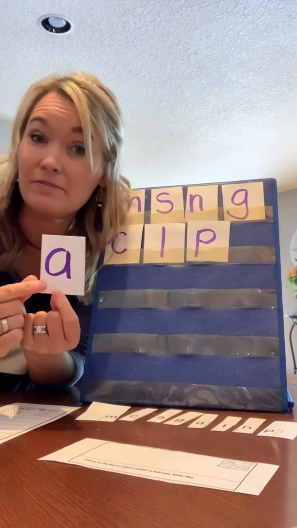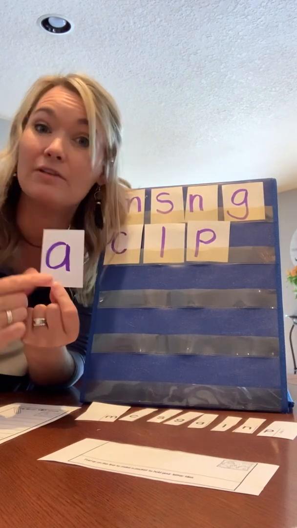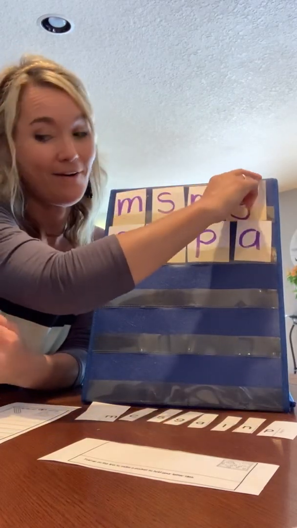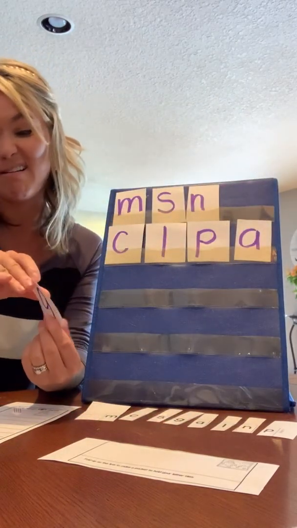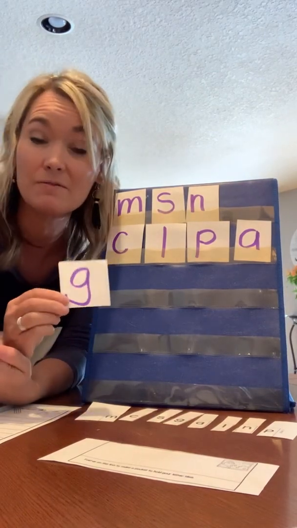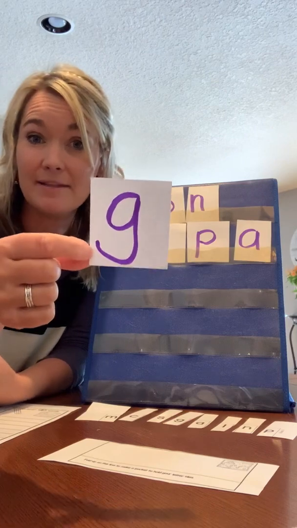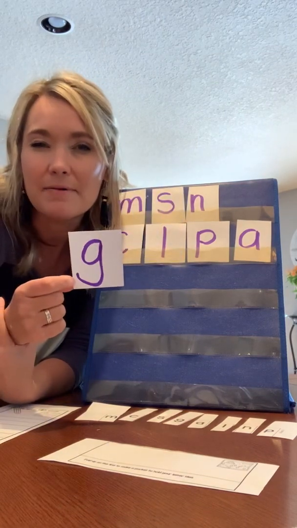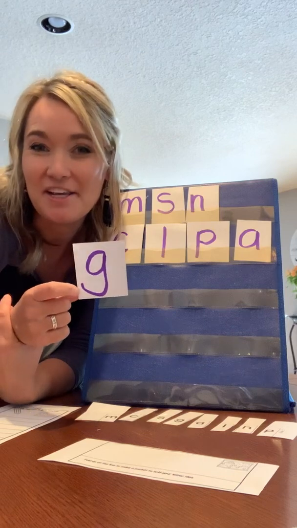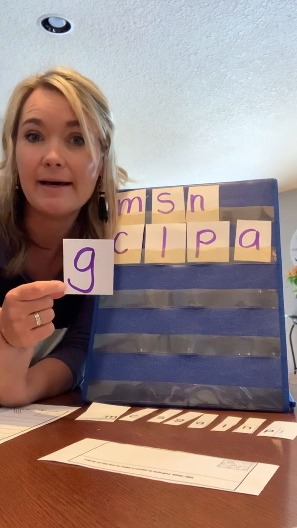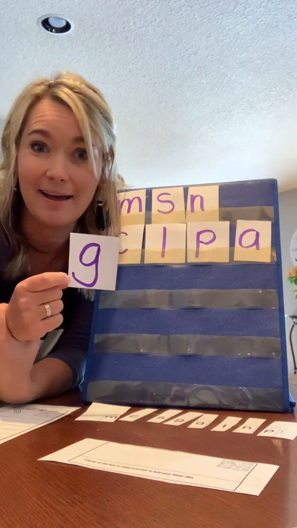All of our words are going to have this letter. And almost all of our words today are going to have this letter in it. What is the name of this letter? Say it. G. And what sound does G make? Say it. G, like gorilla.